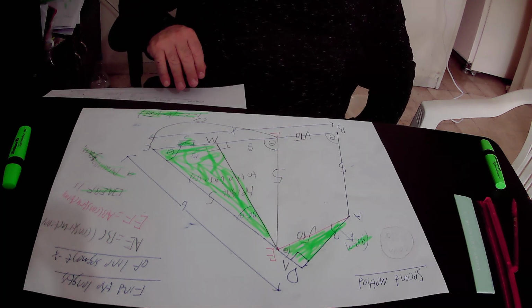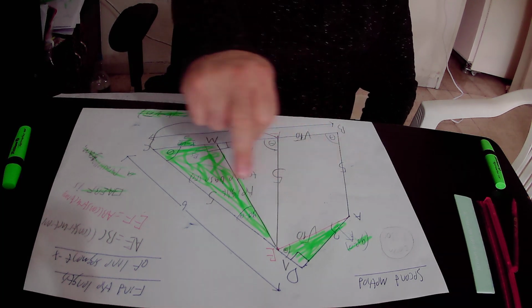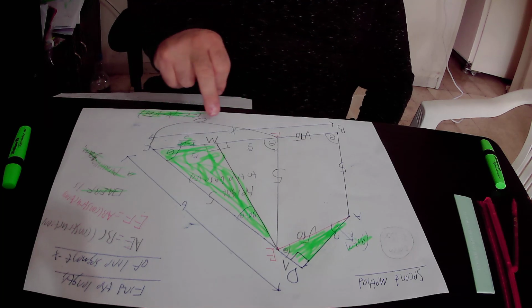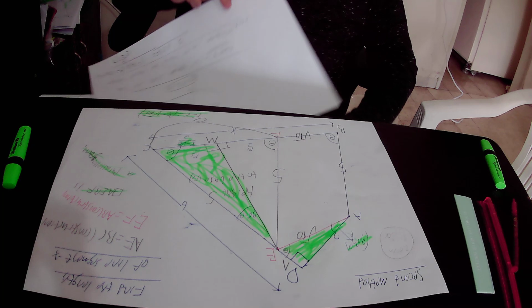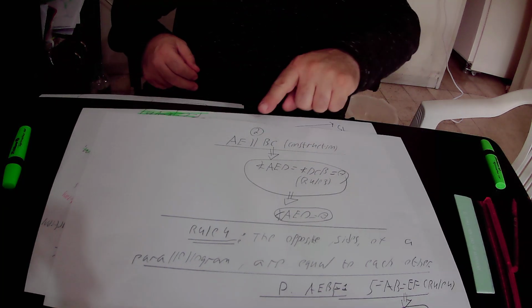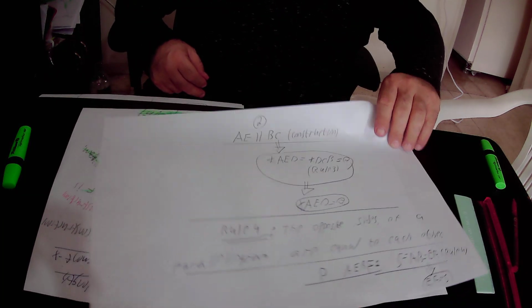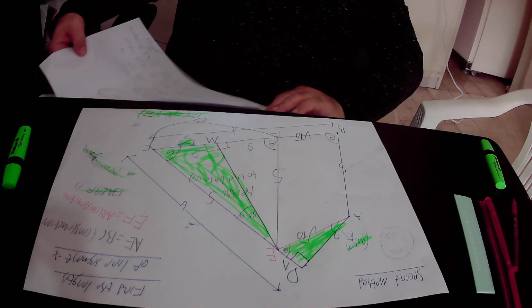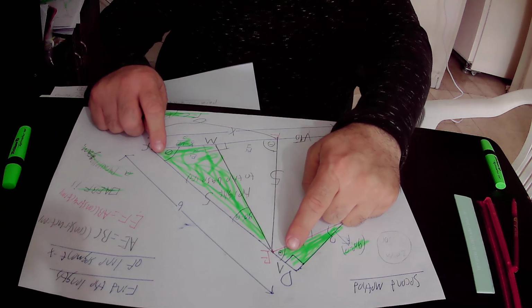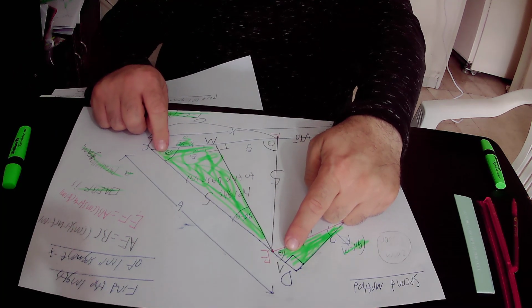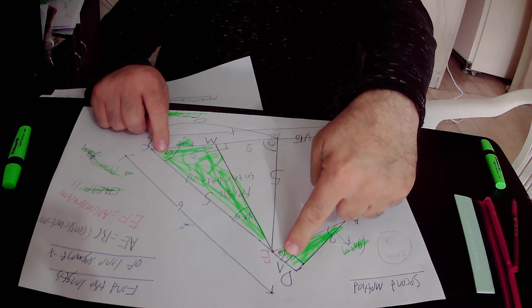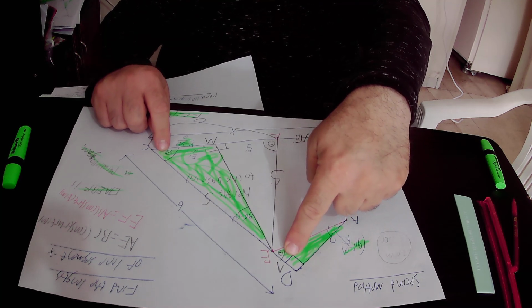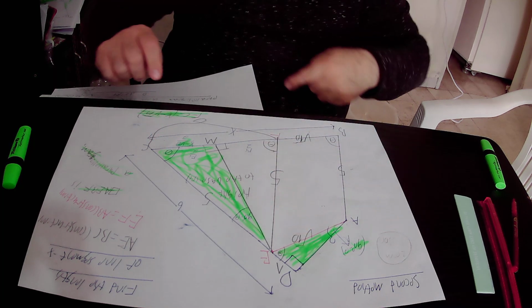Likewise, according to our construction, AE is parallel to BC. Therefore, those two angles that are defined as corresponding angles and are located between the parallel lines AE and BC will be equal to each other according to rule number 3.